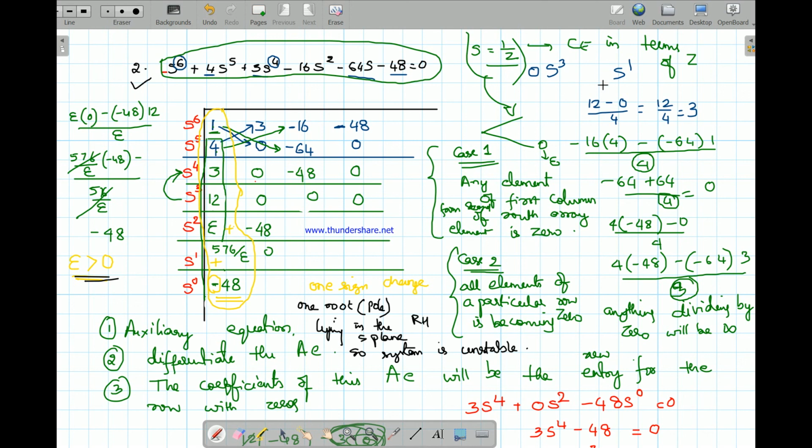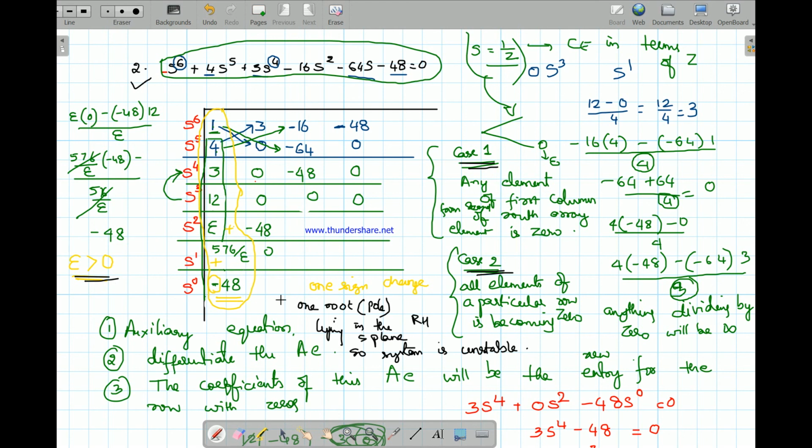In this problem, we were able to see two cases, case 1 and case 2, irrespective of the condition they might arise. We got case 2 first, where the entire row was 0, and then case 1, where this element was 0. Both cases arose in the same problem, and we were able to do the manipulation for them and find the solution by assuming epsilon greater than 0, but still the last element is negative.